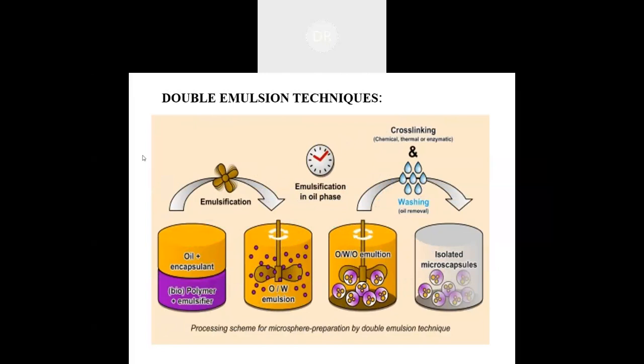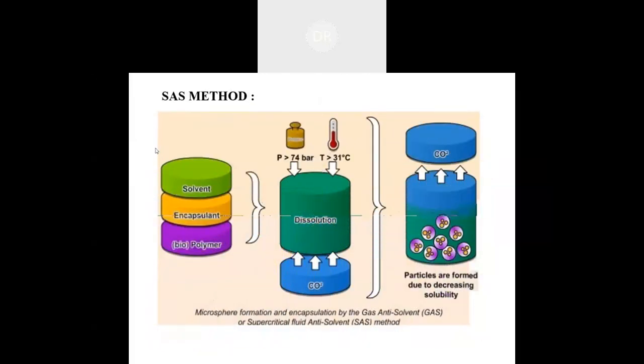This is the next method, the supercritical method. The solvent and your wall material, that is polymers, are mixed and dissolved to get a uniform mixture, and then CO2 is introduced at low temperature as well as low pressure.